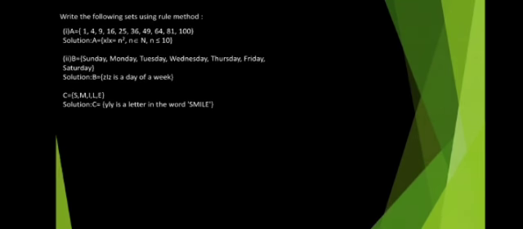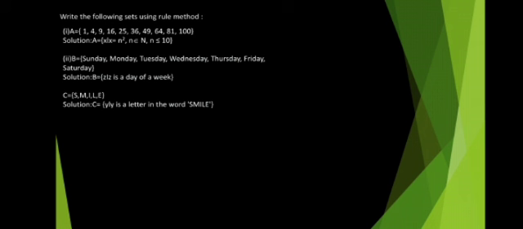Now question number 2: write the following sets using the rule method, or we can say set builder form. The first one is set A = {1, 4, 9, 16, 25, 36, 49, 64, 81, 100}.